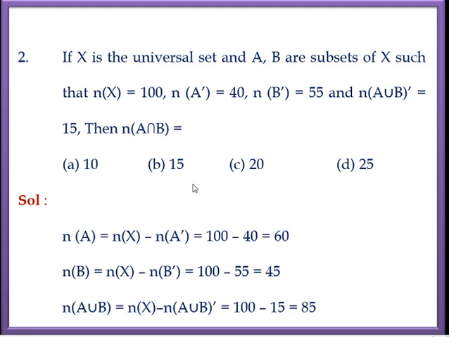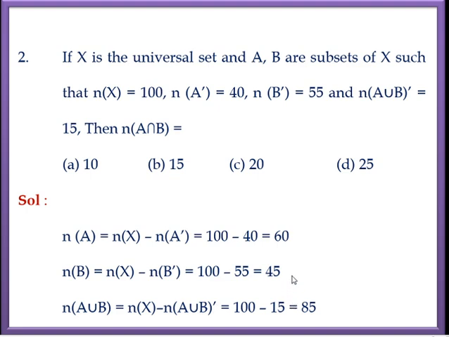That you can do later on. What is n of A? It is n of X minus n of A', that is 60. Similarly, what is n of B? It comes out to be 45. Now, n of A union B is n of X less n of (A union B)', that is 85.